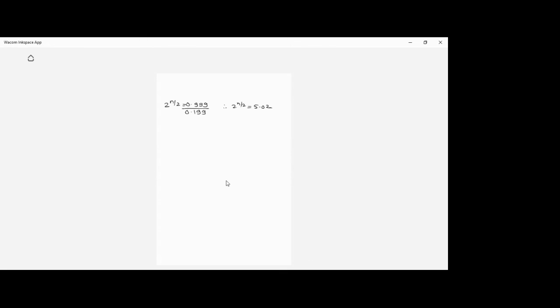And if I have to find out the value of n, I will have to take the log, right? So n by 2 log of 2 is equal to log of 5.02. If you solve it ahead, you'll be getting 0.30 n divided by 2 is equal to 0.7. Therefore 0.15 n is equal to 0.7, and therefore the value of n comes out to be 4.67, which is approximately equal to 5.